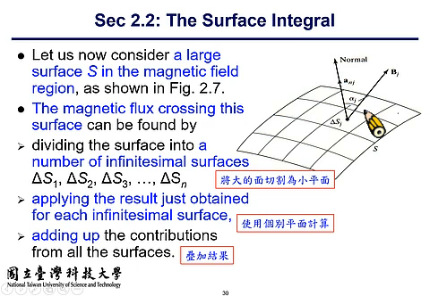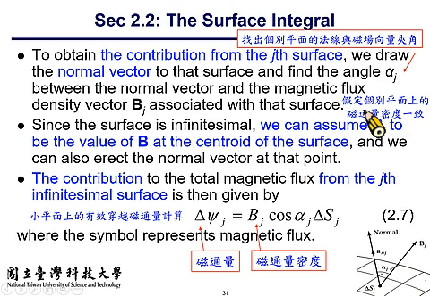So you need to be careful about the geometrical relationship between the field and the orientation of the surface. And finally, the effective field calculated in individual regions can be added up to find the total sum of the field that is crossing the surface effectively, right?